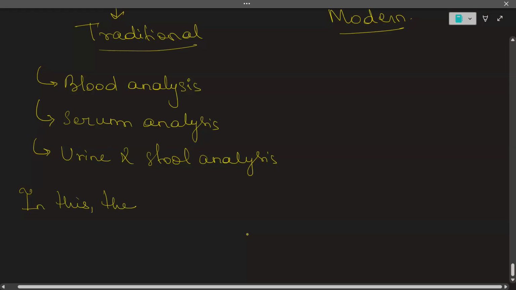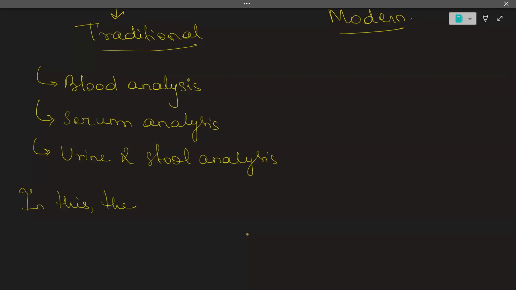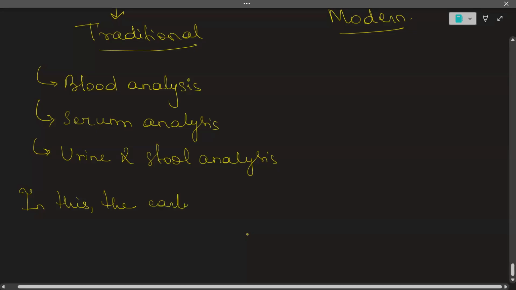The question is, if we rely on the traditional method of diagnosis, do you think early detection of pathogen is possible? Early means much before the pathogen has divided. Is it possible? Did you get the question?